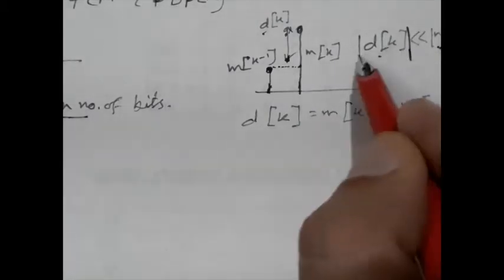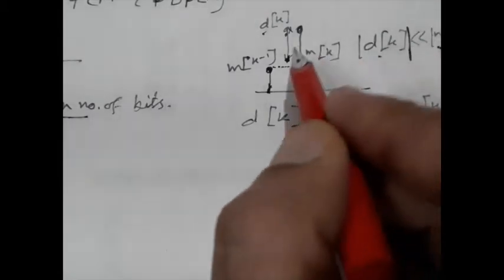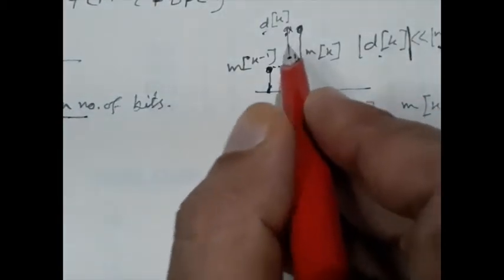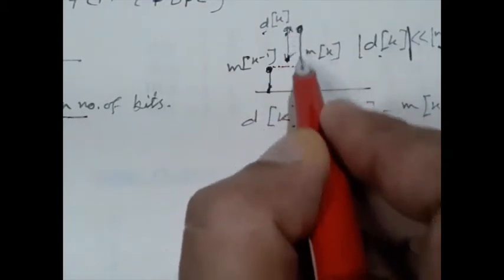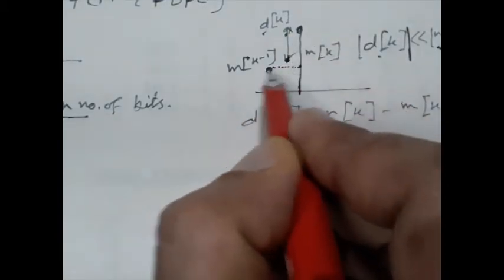So the signal to noise ratio will be improved if we use the same number of bits. And if we don't want to use n number of bits, we can reduce the number of bits, since d is very small compared to the absolute values of the samples.